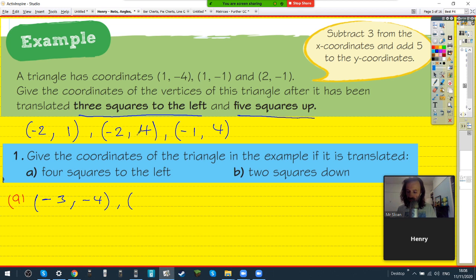And then minus 3 and minus 1. Minus 2 and minus 1. Minus 1. Question B. Easy.